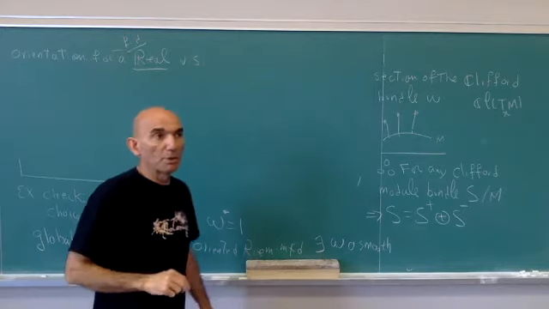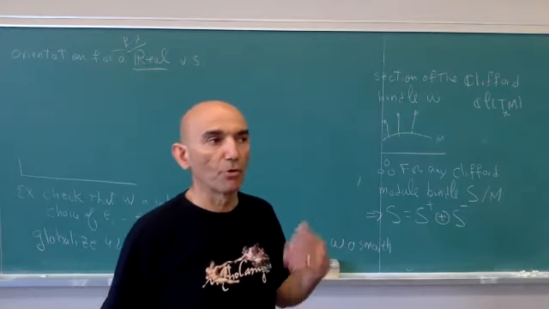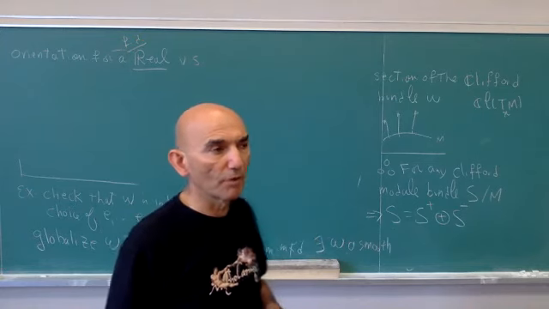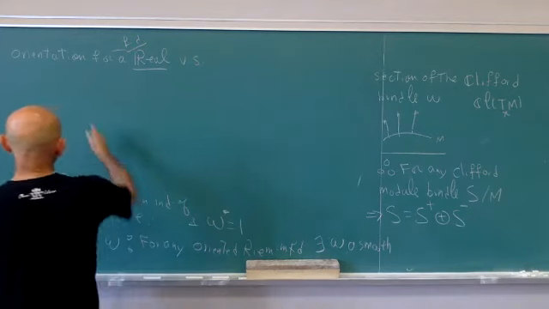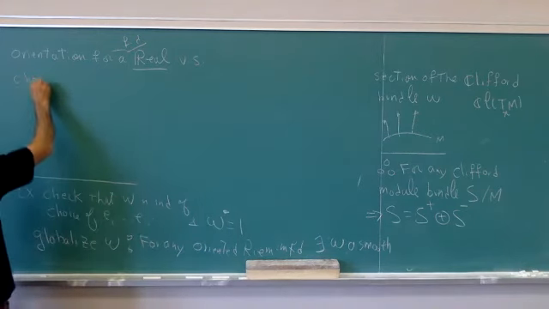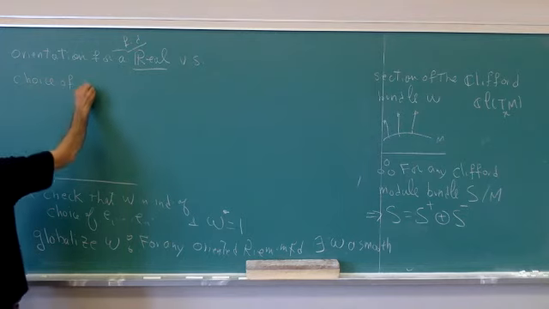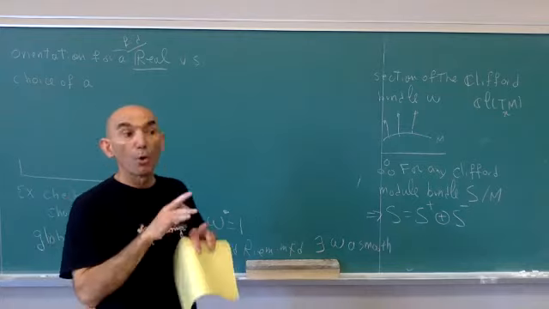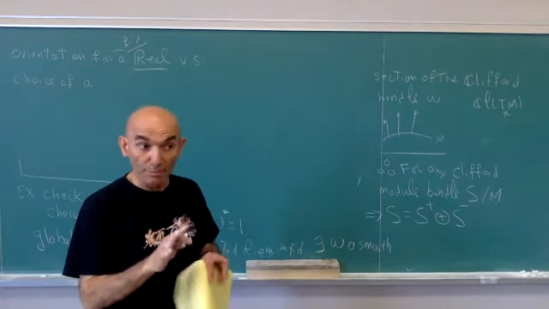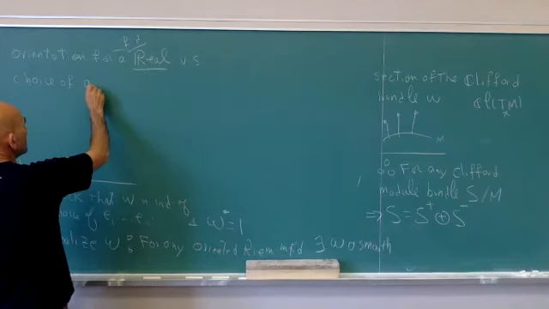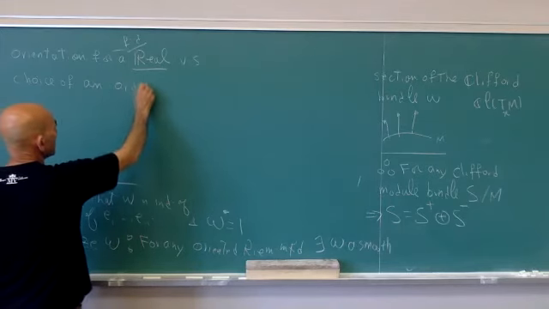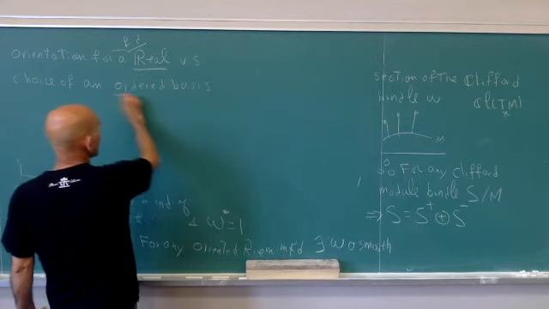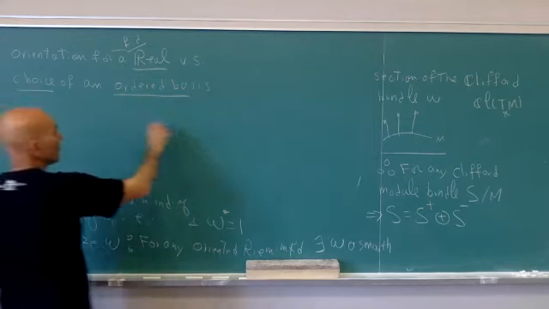I mean, there are about, I don't know, 3, 4, 5 different definitions. Here is one of the definitions. It's a choice of an ordered basis.